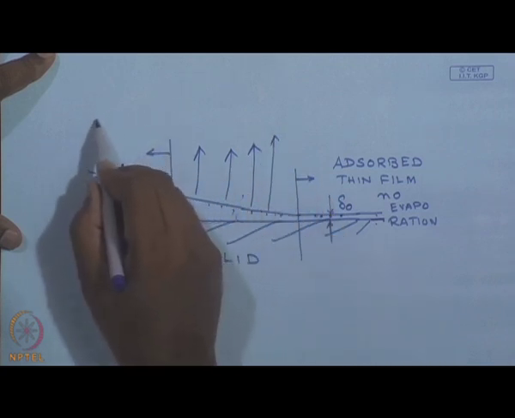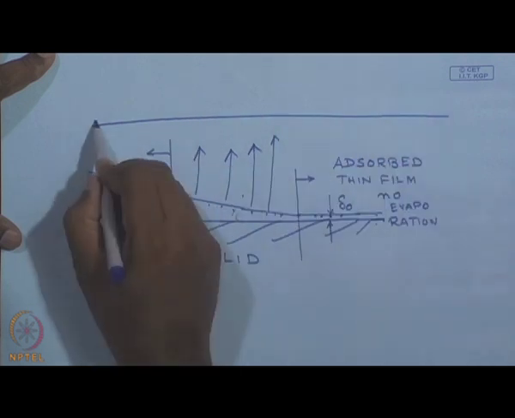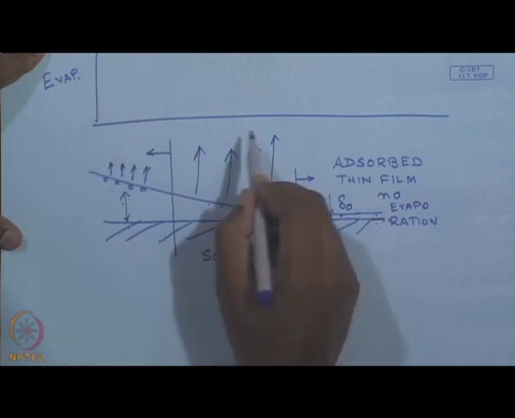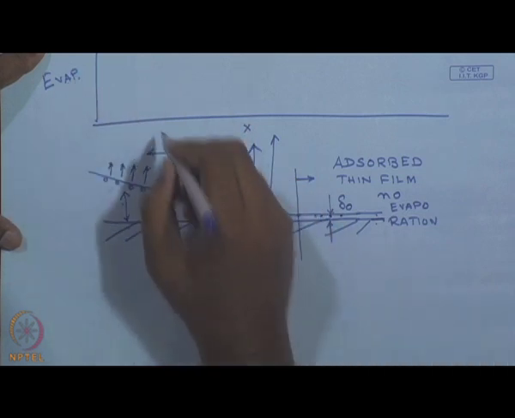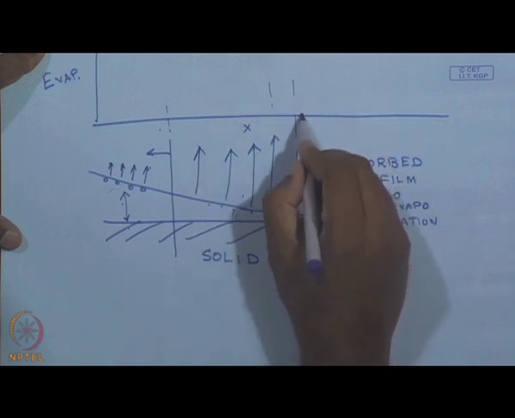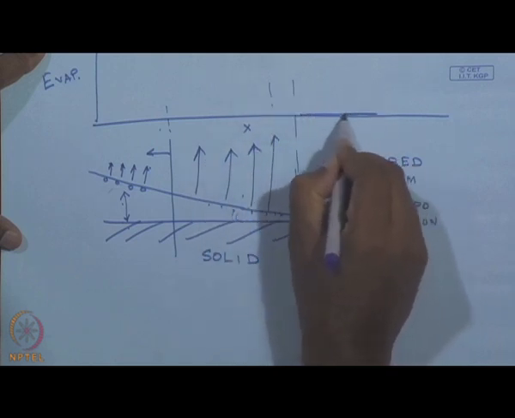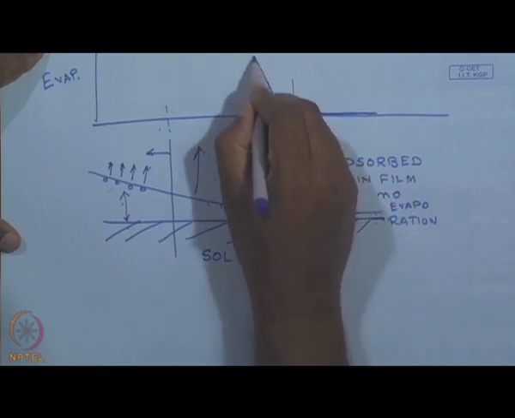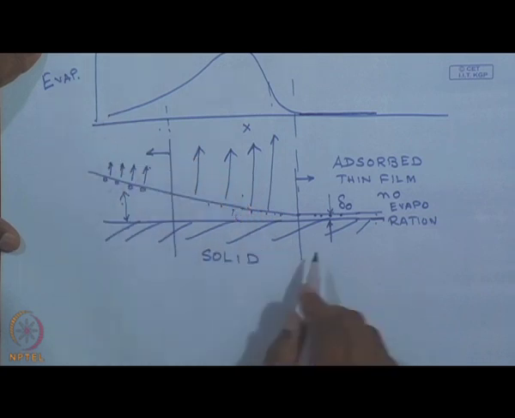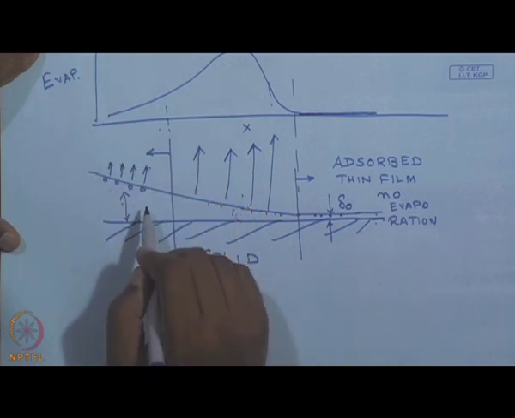If we could plot the evaporative flux as a function of these locations, we would get zero evaporation, then it is going to pass through a maximum and slowly fall as the thickness increases.